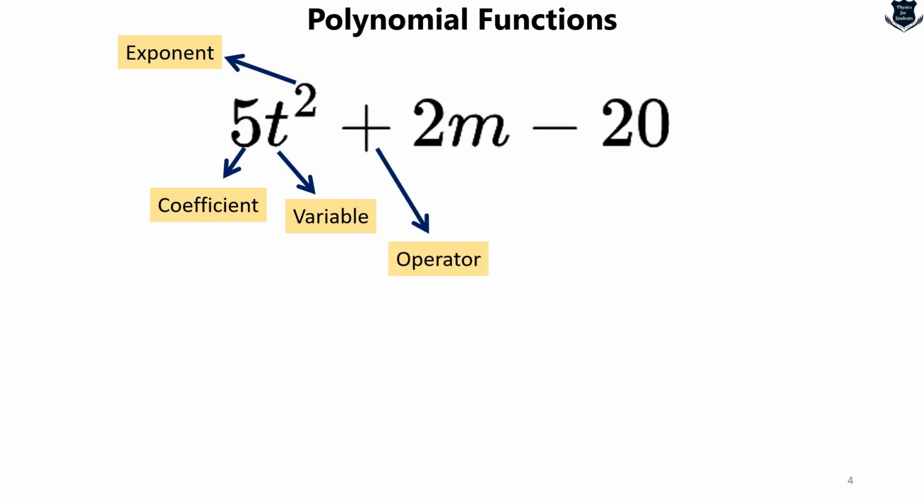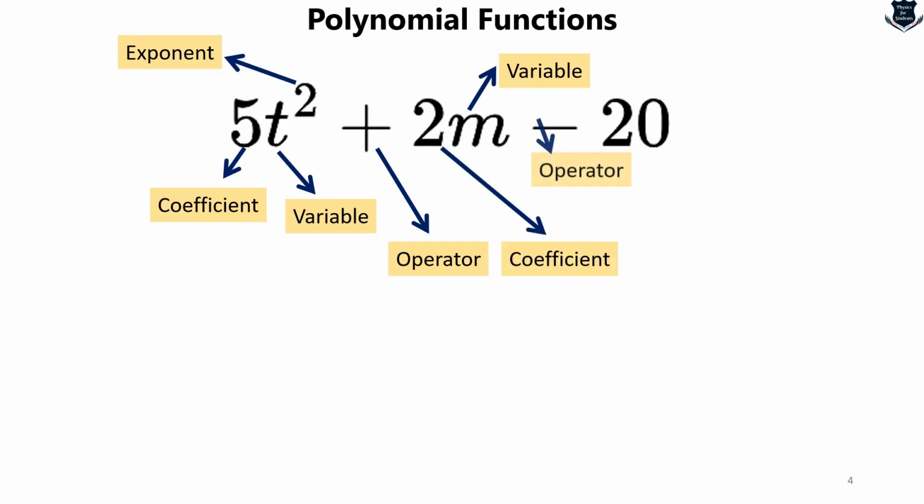You get either a plus or a minus, these are, as you know, operators. M is again a variable. Minus is again an operator, and 2 is basically a coefficient, and 20, which comes after the operator, is basically a constant. So this is overall the structure, the skeleton of a polynomial equation.